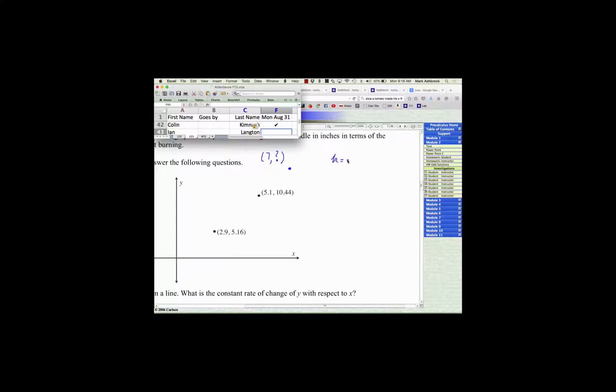Is that the numerator or the denominator? So it's the change in y over the change in x, right?